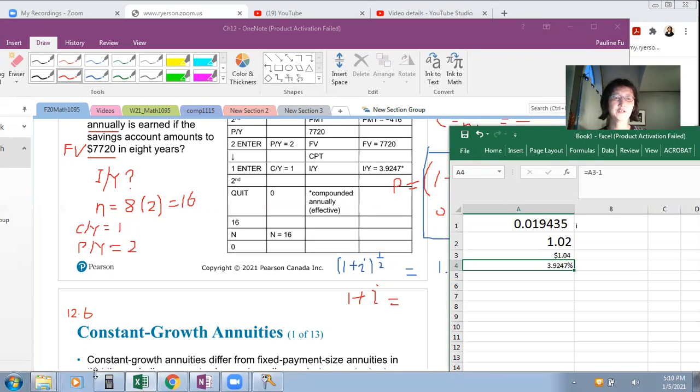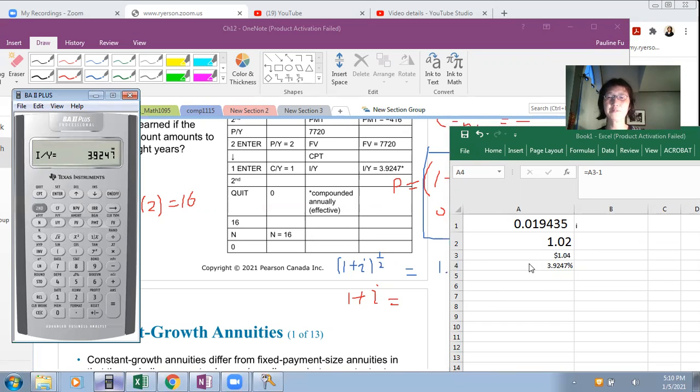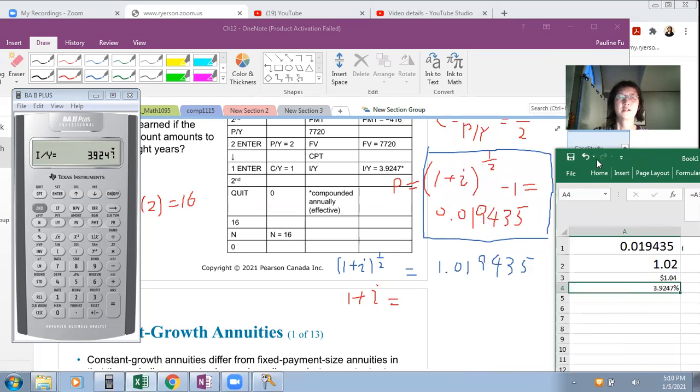Remember, see, this is my calculator. Same number here, see? So in this question, if you use Excel, it is a little bit more work. The direct approach is to use the calculator. Okay. All right.